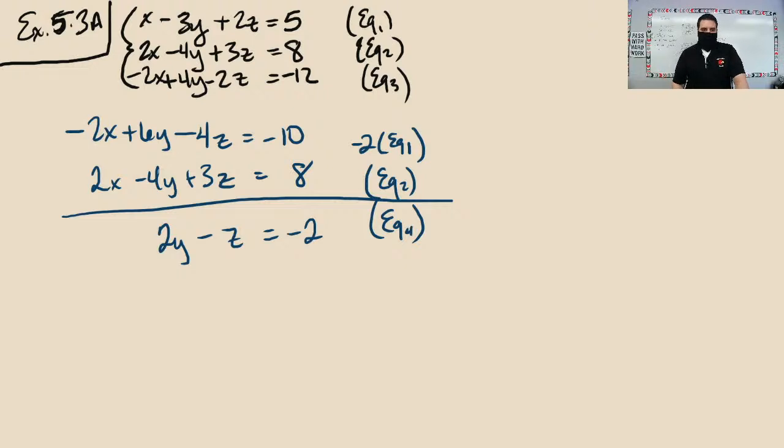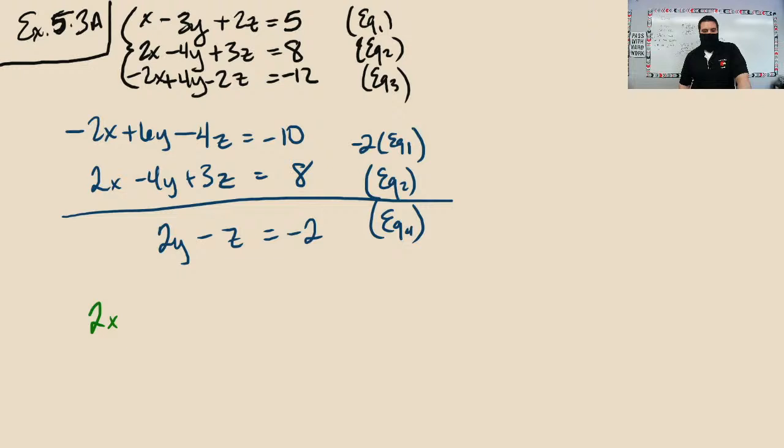Then I'm going to use equations 1 and 3 to also eliminate x. Equation 3 already has a negative in front of the 2, so I'm just going to multiply by +2 in this case.